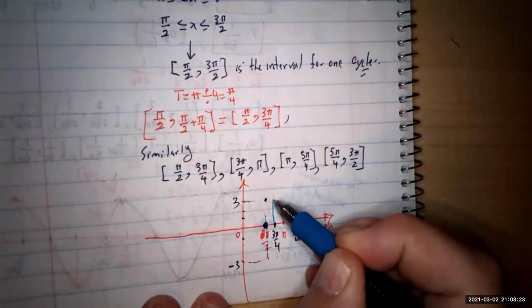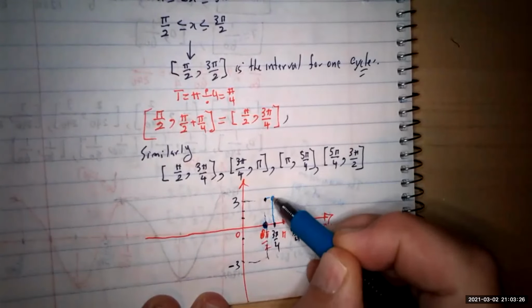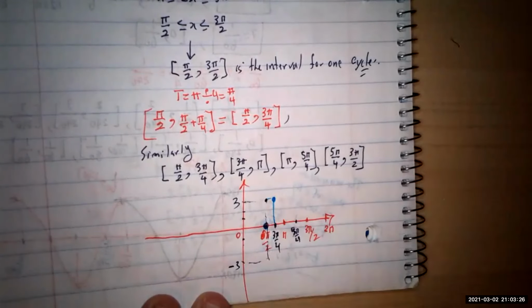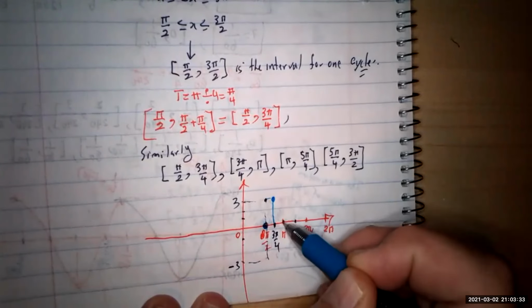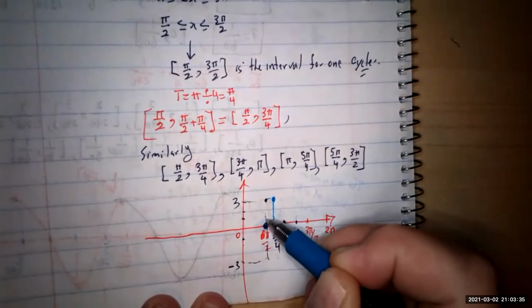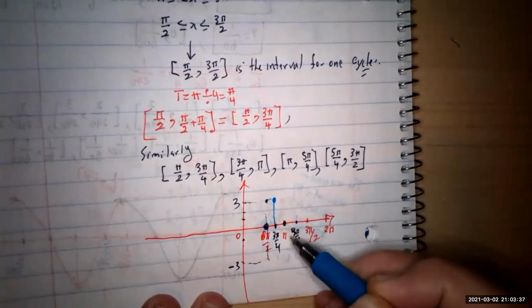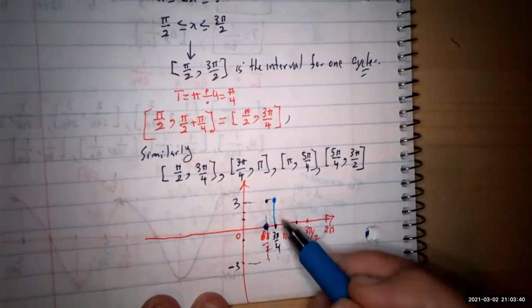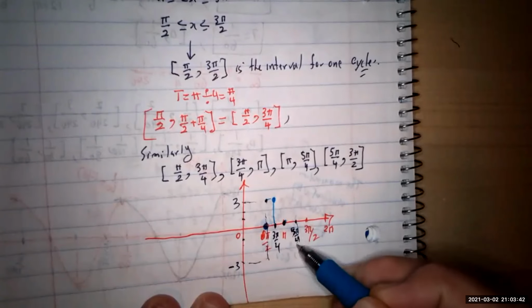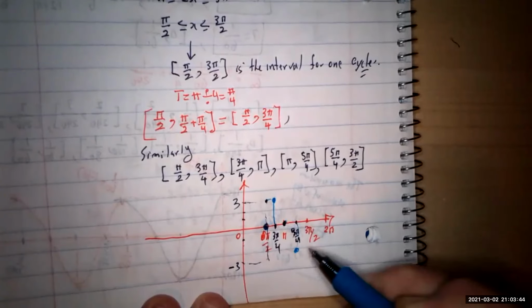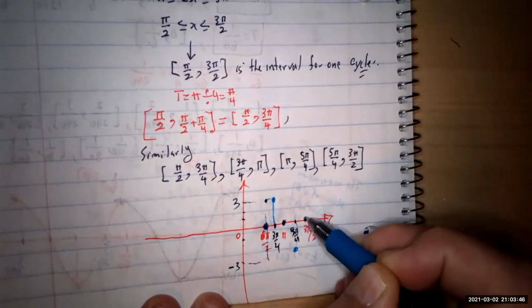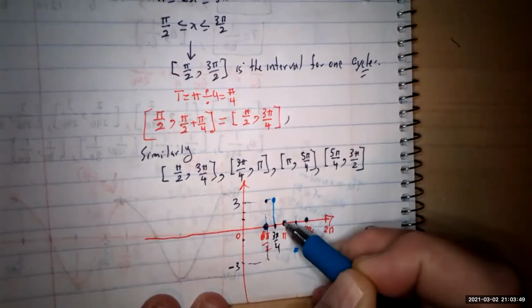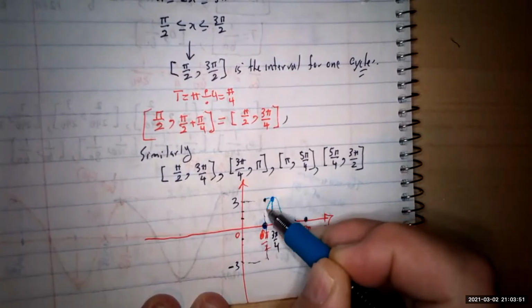For the next number, you go down. Then you go to the intercepts, then down, and then intercepts. So this is the graph of this function.